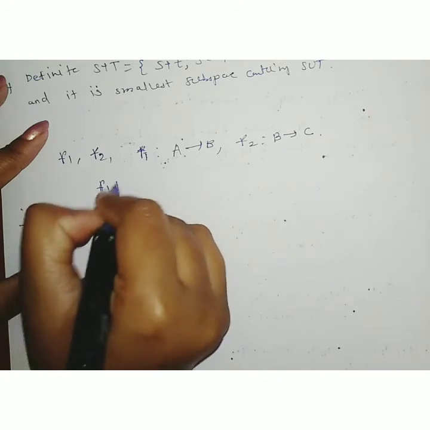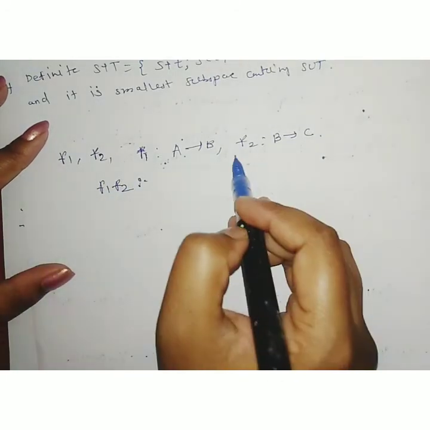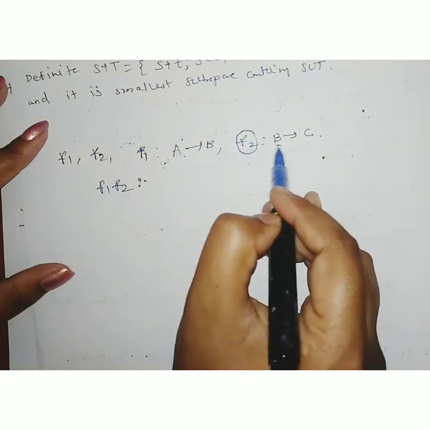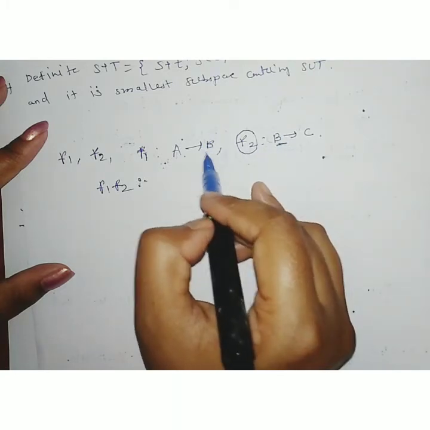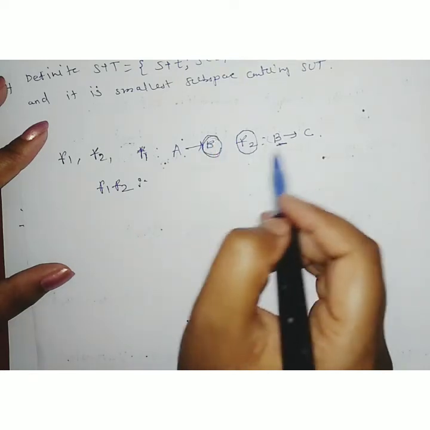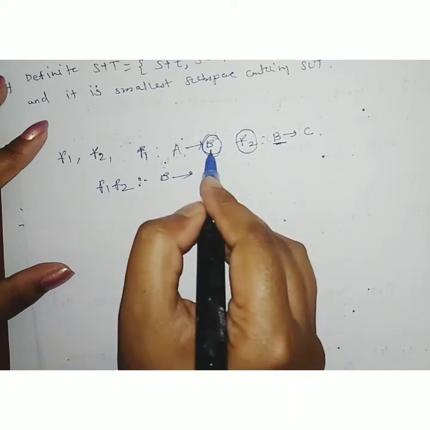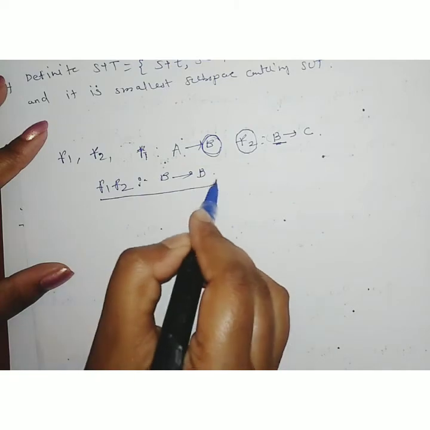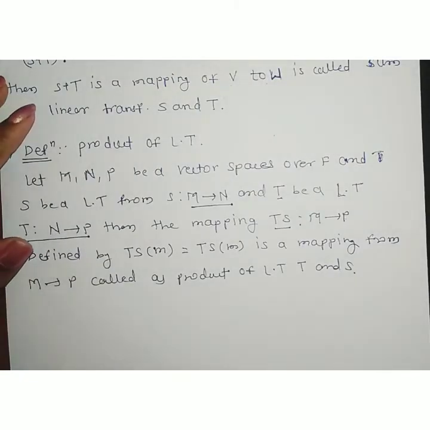In the composite, we consider the domain of f2 and the codomain of f1. The domain of f2 is B, and the codomain of f1 is again B. Therefore, in that way, the linear transformation product is also defined.